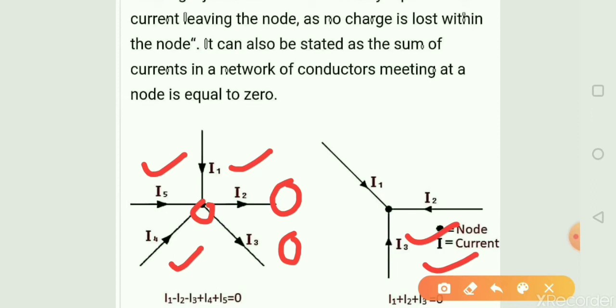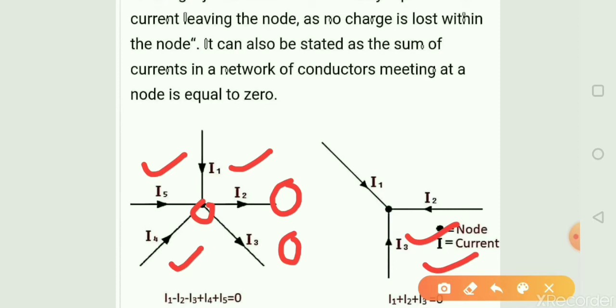So if we put these currents according to KCL, the equation becomes I1 minus I2 minus I3 plus I4 plus I5 equal to 0.